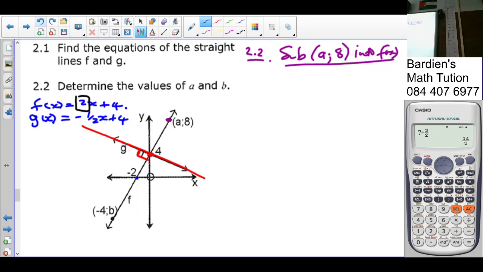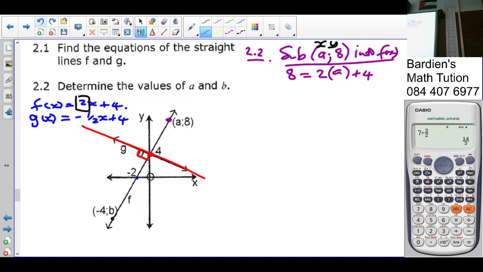So remember again, this here is your y, and there's your x. So we have here y, I put 8. So 8 equals 2 times what, your x value? a, plus 4.